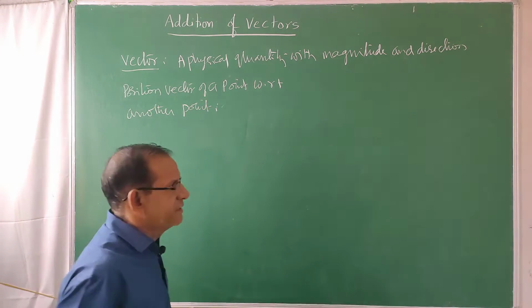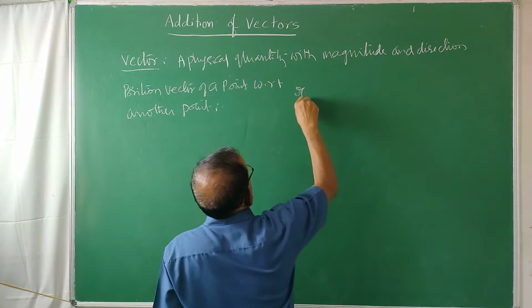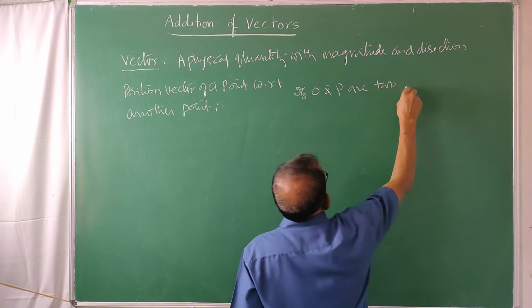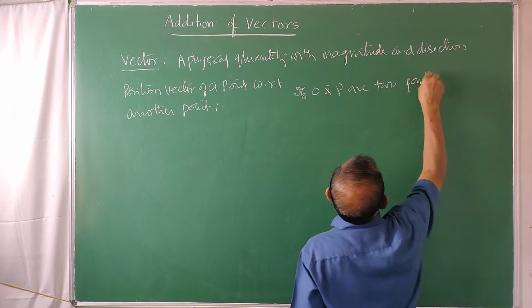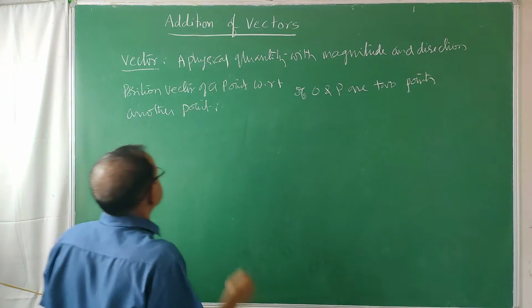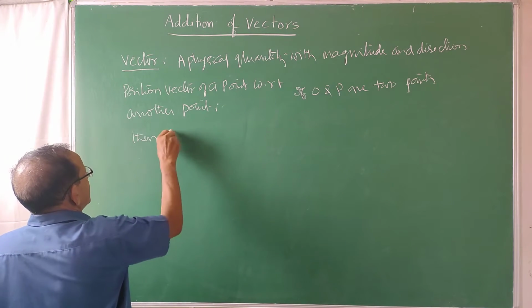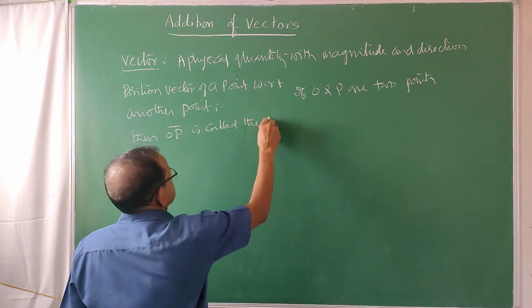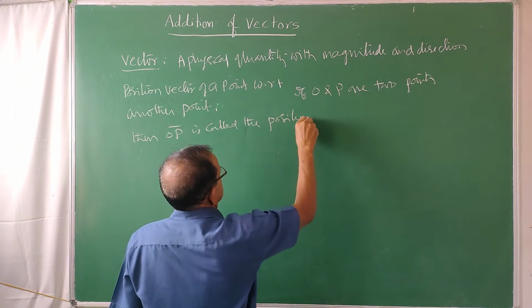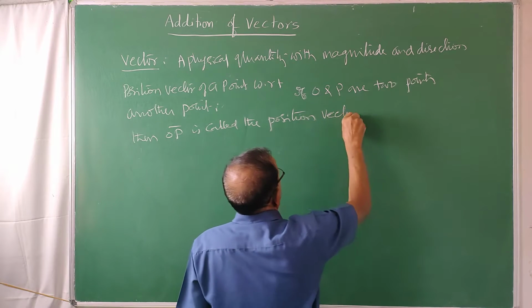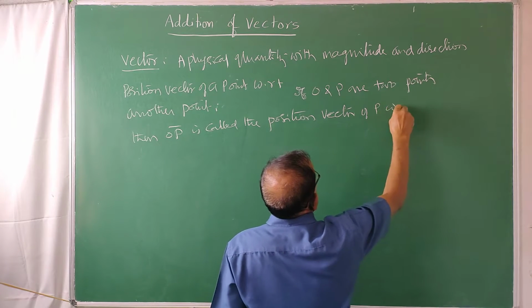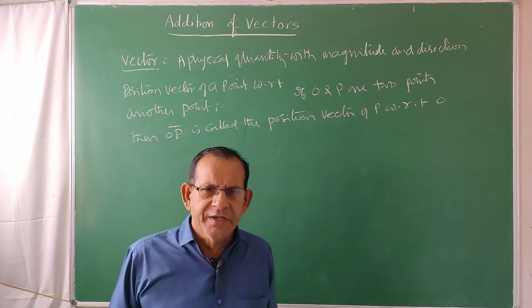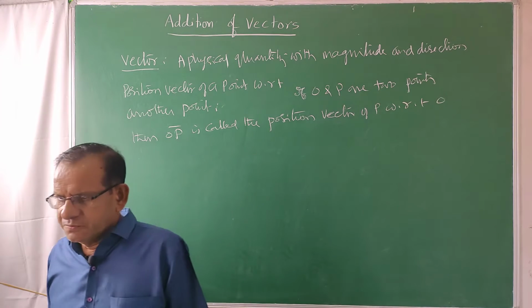Suppose O and P are 2 points, then OP bar is called the position vector of P with respect to the point O.